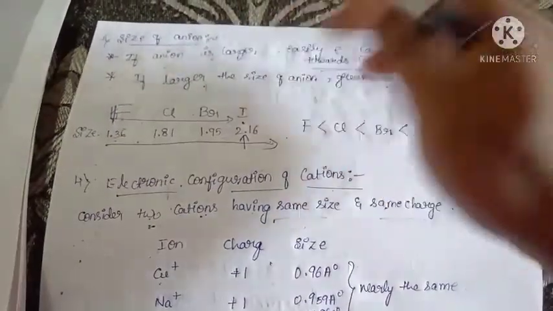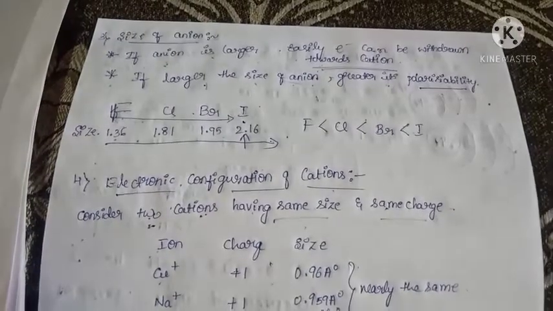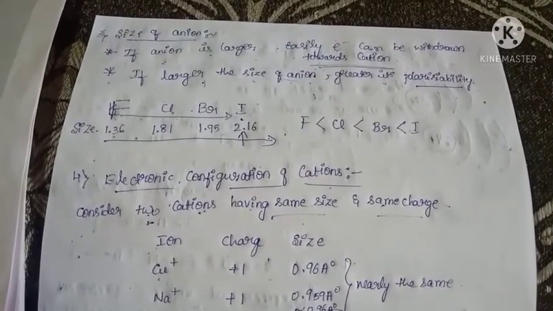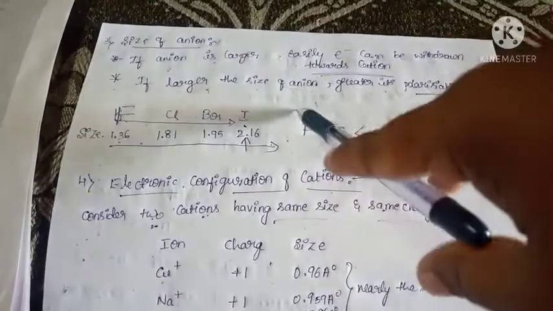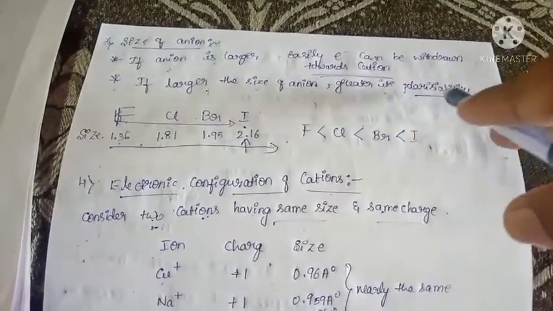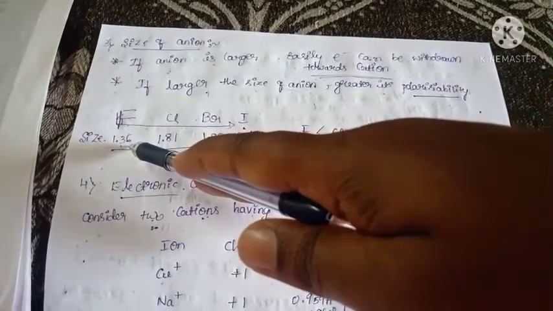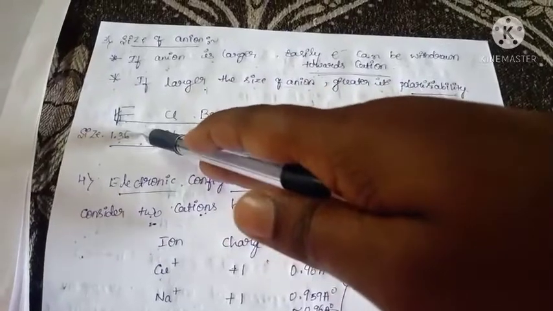In the last class, we learnt the other Fajan's rule, that is size of anion. If the anion is larger, it can easily withdraw the electron towards the cation. The larger the size of the anion, the greater its polarizability. That ion should have the greater polarizability.